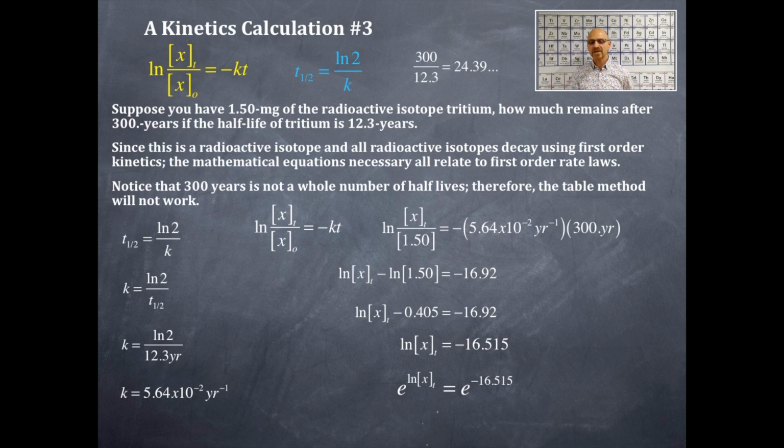I have x is equal to 6.72 times 10 to the negative 8 milligrams. That is the amount remaining after 300 years. I would certainly hate to do this with the table method. The integrated first-order rate law in combination with the half-life equation is so much faster.